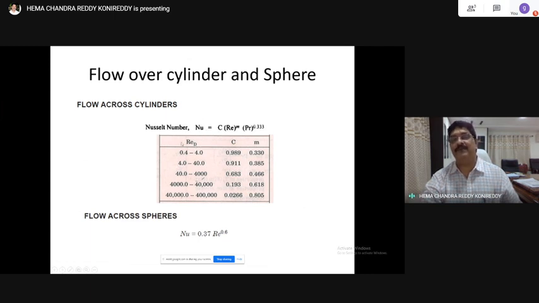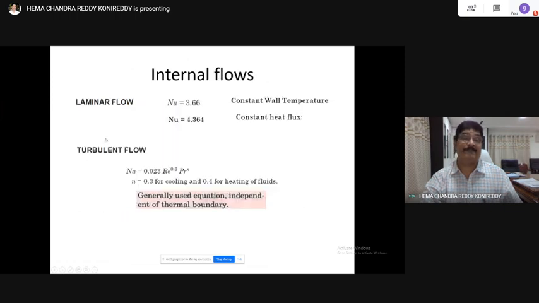Again, you cannot remember so many details, so maybe you look for such details in the problem itself. If it is a GATE or IES exam, you need not memorize these values. For a flow across spheres, meaning over the top of the sphere, the Nusselt number is equal to 0.37 Reynolds power 0.6.